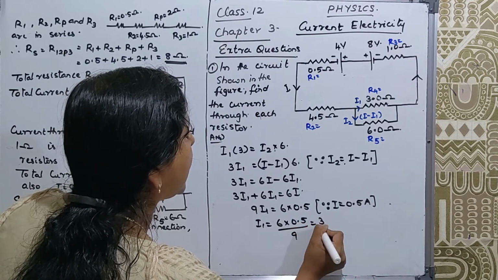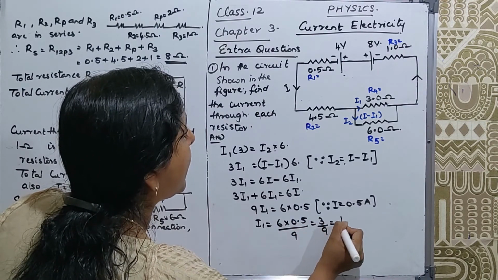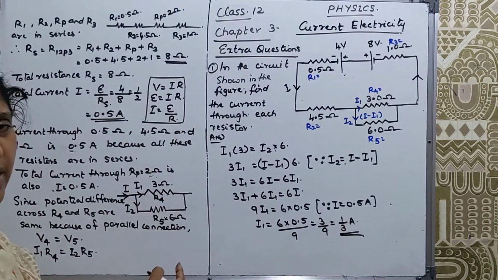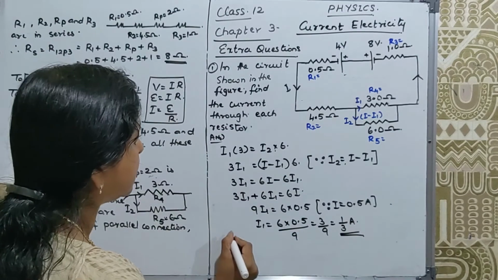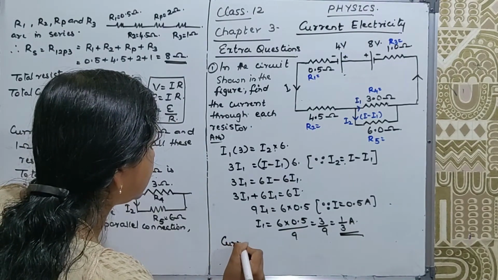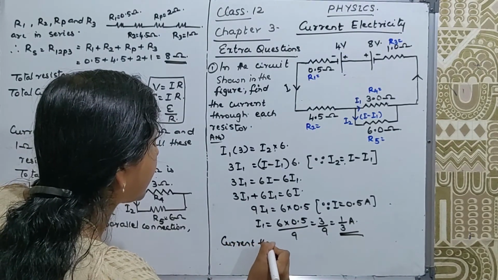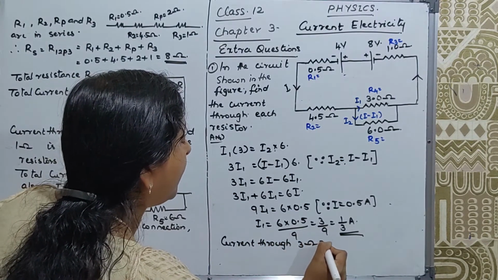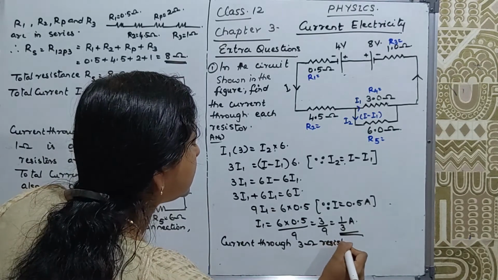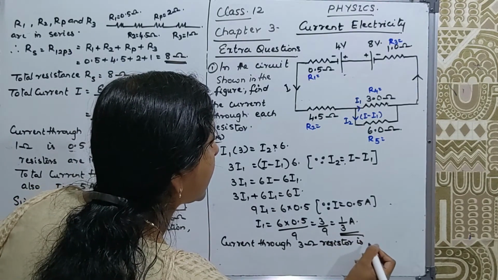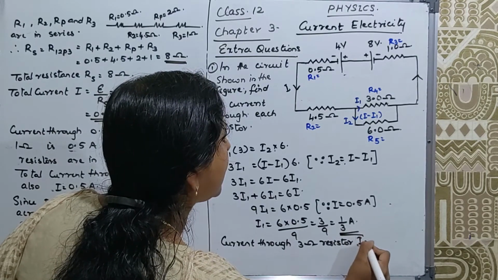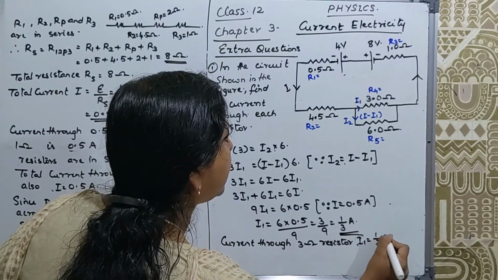So it will be 3 by 9, which is equal to 1 by 3 ampere. That is the current I1 through the 3 ohm resistor.